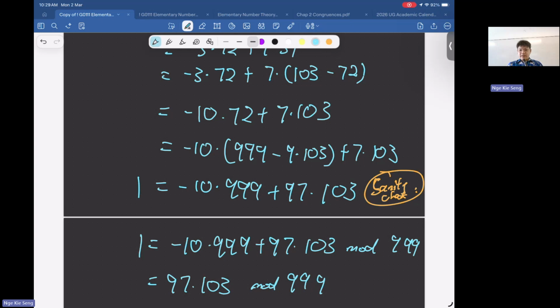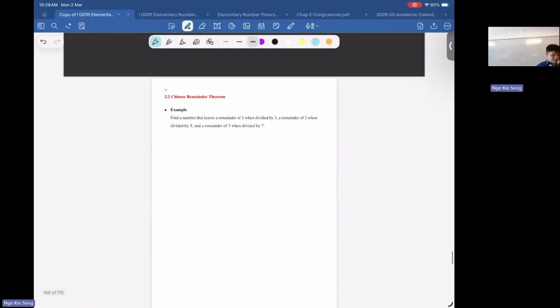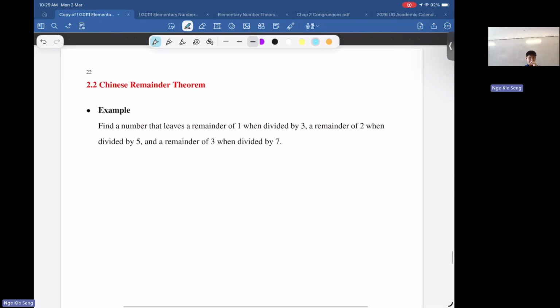If people are okay, shall we continue? Let's continue with the Chinese remainder theorem. A motivation is this problem: we want to find a number that leaves a remainder of 1 when divided by 3, a remainder of 2 when divided by 5, and a remainder of 3 when divided by 7.